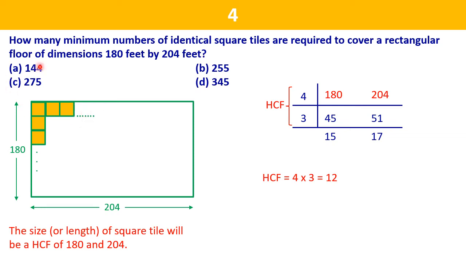Now the question is how many such tiles are required? It's very simple. It is equal to the area of the floor divided by the area of each tile. So the number of tiles is equal to the area of the floor, that is 180 into 204, divided by the area of each tile. So 255 minimum tiles are required. Option B is the correct answer.